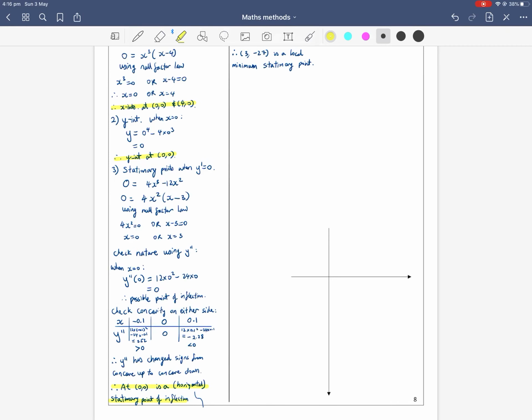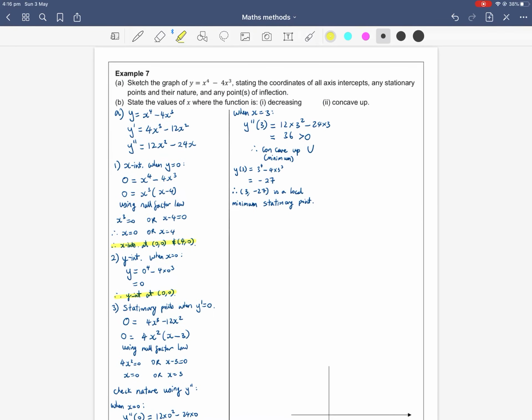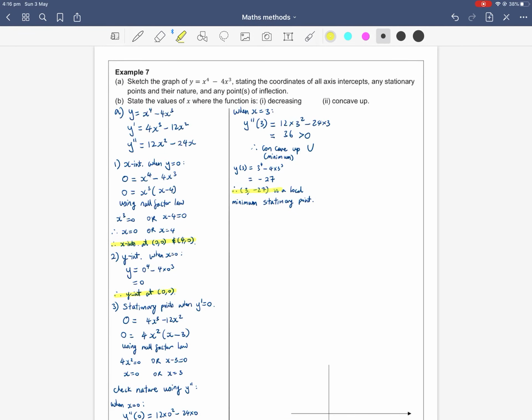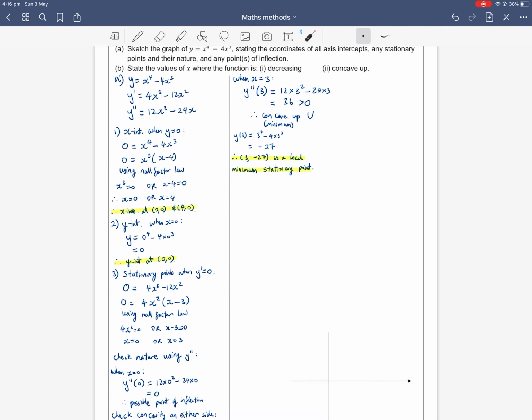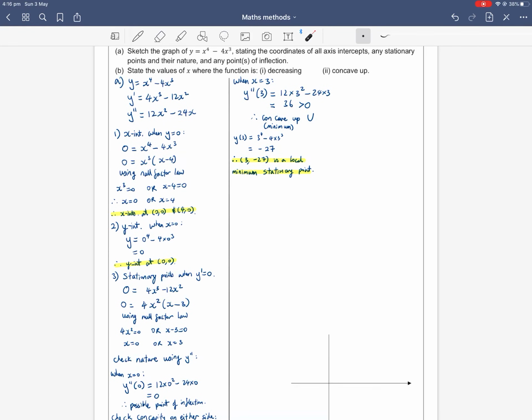So half a happy turning into half a sad face. And then we also know that at 3, negative 27, it's going to be a smiley face because your double derivative is positive. So that's a concave up or a minimum. So that was step 3.